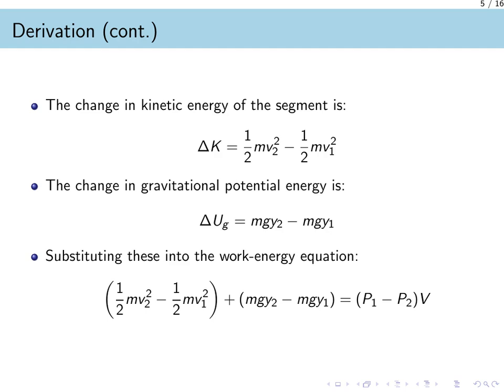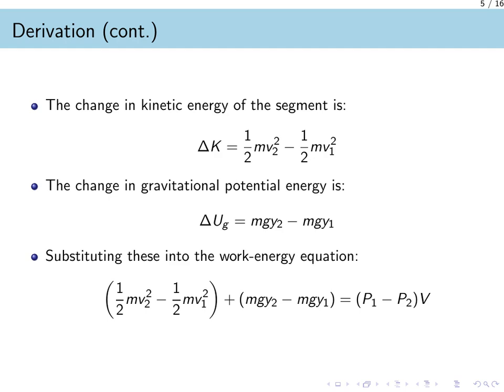The first step is to write down the change in the fluid's kinetic energy. This is simply the final kinetic energy minus the initial. The mass, m, of fluid leaving the segment has a speed, v2, and the same mass, m, entering has a speed, v1.